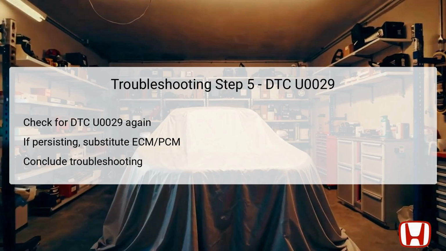If the issue had existed prior to substitution, return to the first step to start the process again with a different approach. This cyclical method ensures thorough checks are performed to isolate the malfunction.